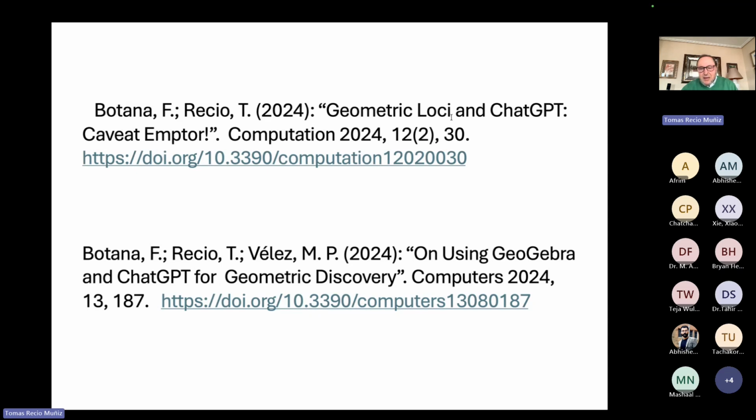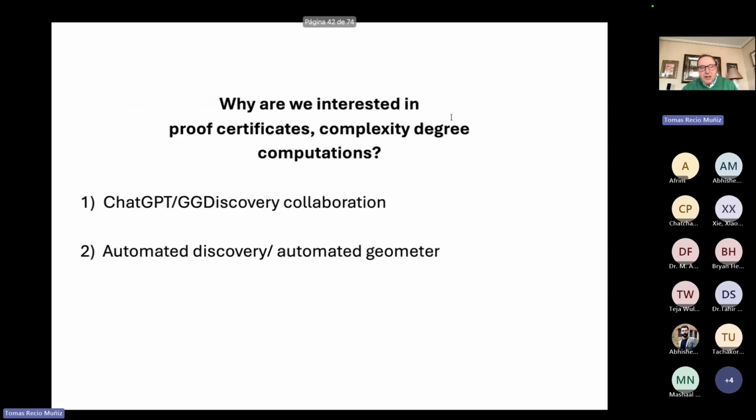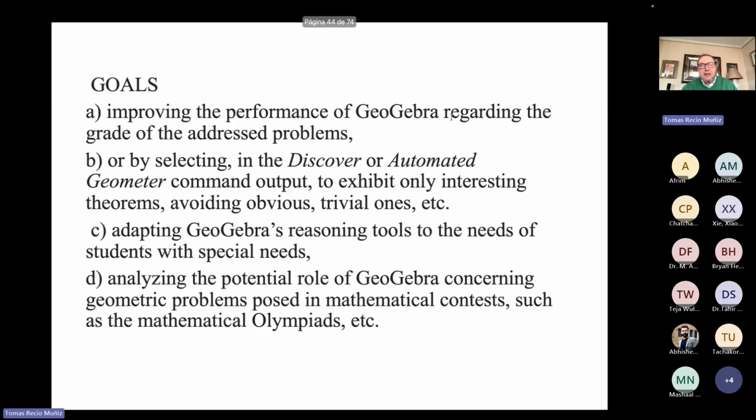The other thing is to prevent the output of thousands of results, some of them very simple. So our future goal is to improve the performance of GeoGebra, trying to prove only interesting theorems. We would like to adapt GeoGebra reasoning tools to students with special needs.